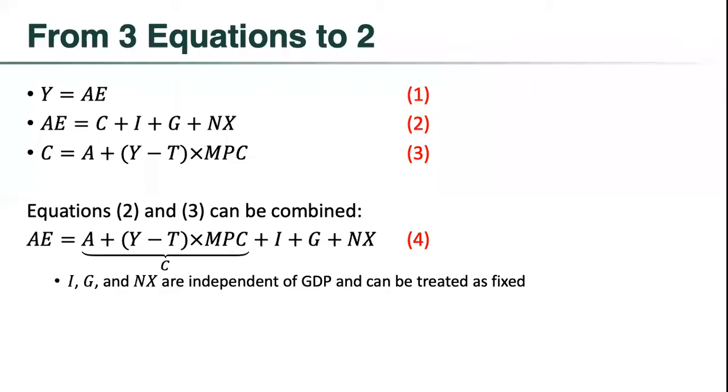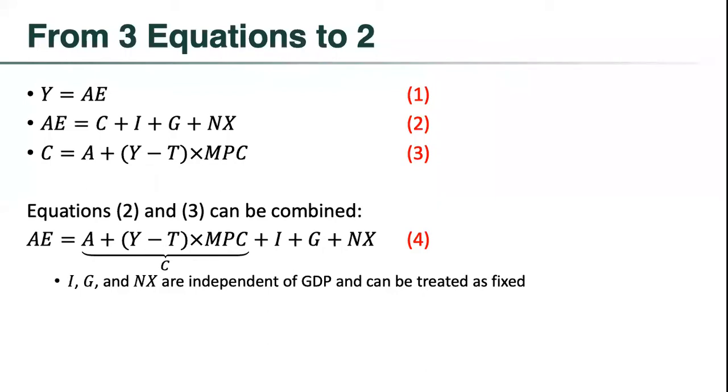The goal is just to understand how changes in one of these variables affect real GDP. At the end of this, I'm going to be able to say, if I change investment by this much, how much am I going to change real GDP? From just these equations that may not be obvious, but we hopefully will get there by the end of this lecture.